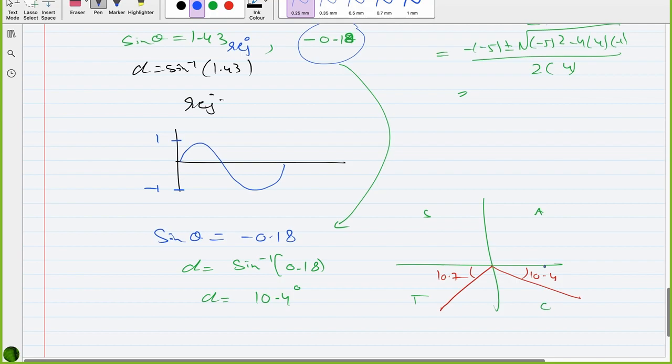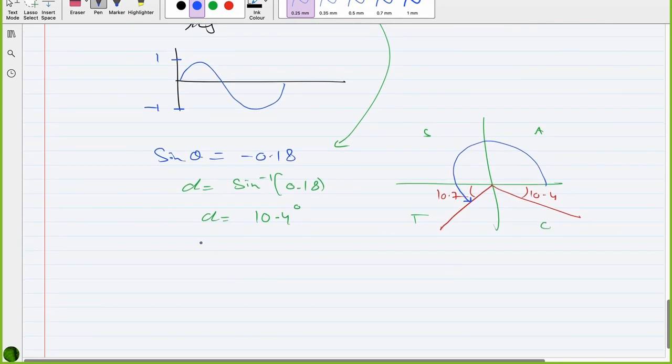So the first angle is all the way till here, that is 180 plus 10.4, theta is equal to 190.4 degrees.